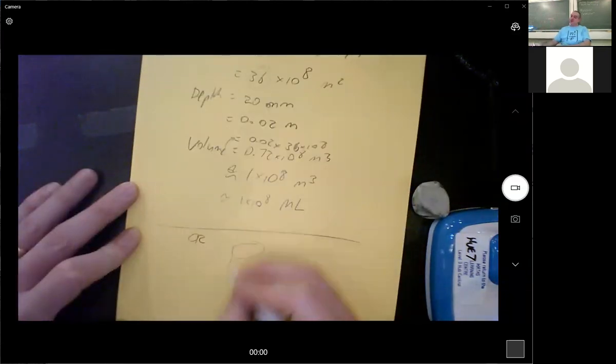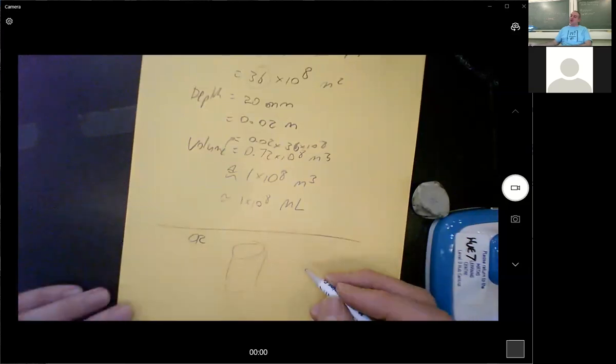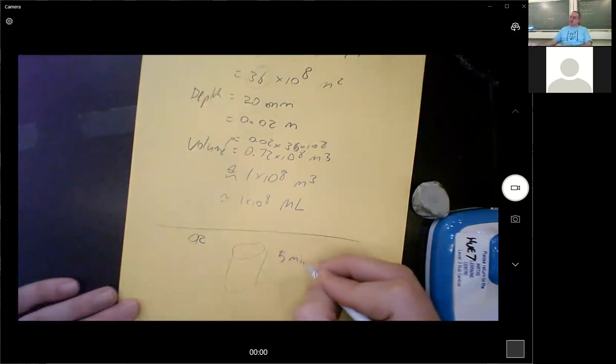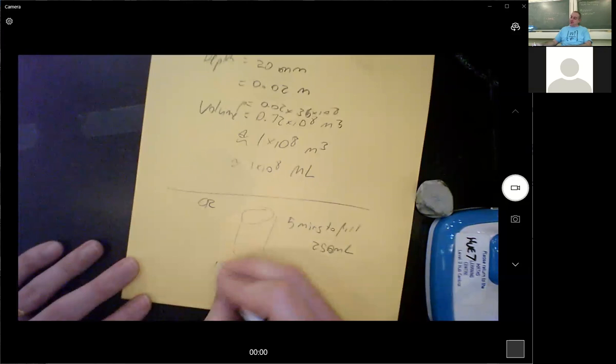I could imagine a glass of water in the rain and how long it would take to fill up. What if I was in the shower? I reckon that'd only take like 5 minutes to fill 250 milliliters.